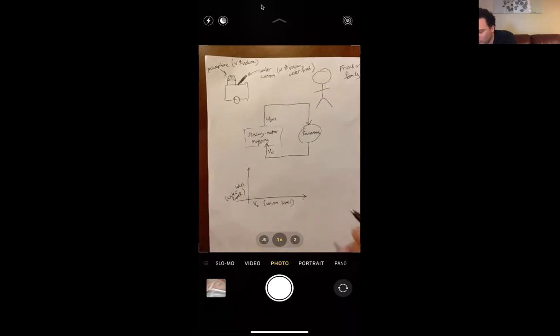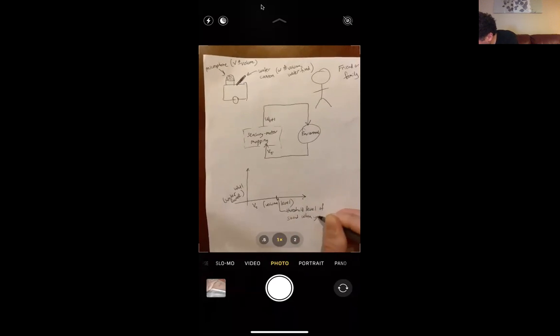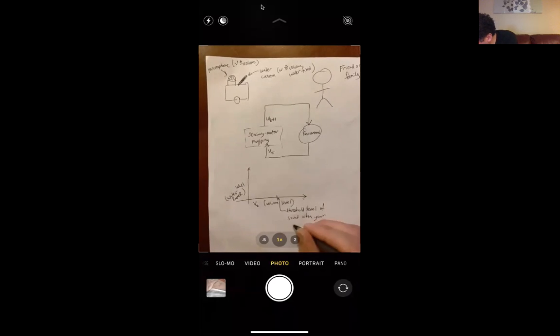Then we'd have to know something about what the typical volume we would measure when your friend comes in the door. We probably wouldn't want this robot to be firing water all day while your friend's not there. So you might have some sort of threshold level of sound when your friend is in the house.